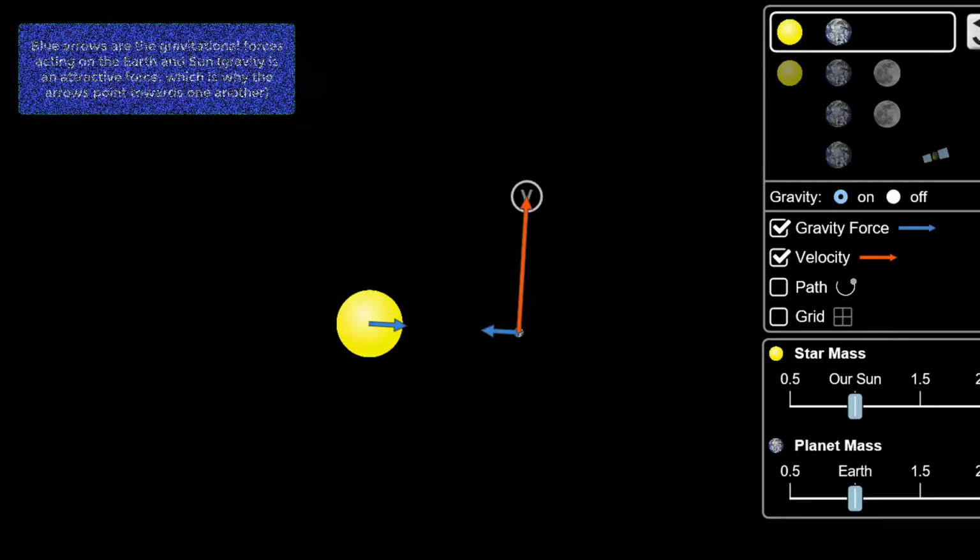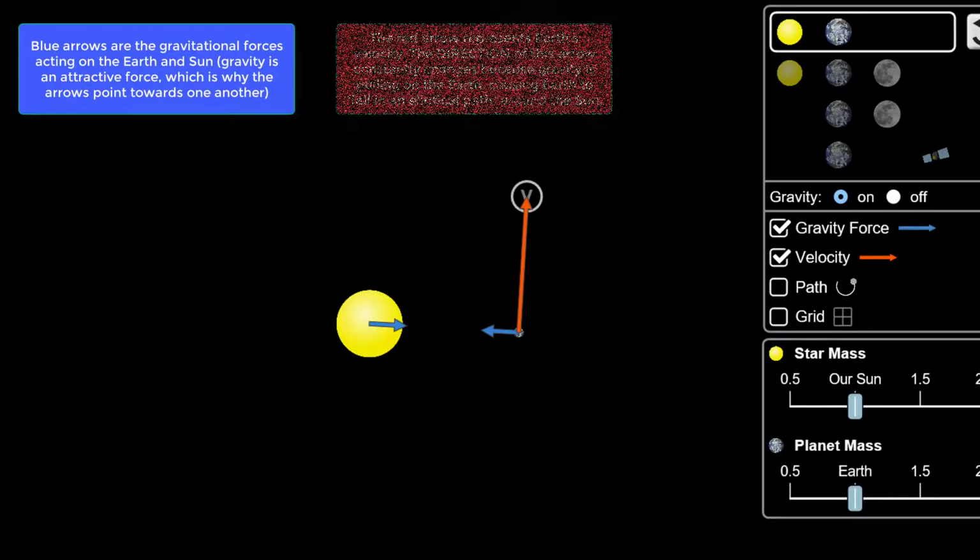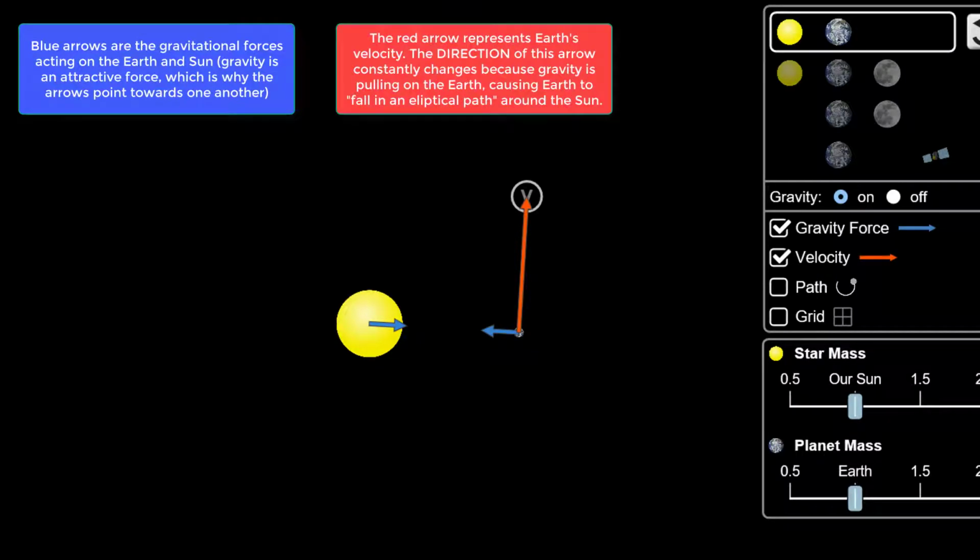Before I hit play, the blue arrows you see on the screen represent the gravitational forces that exist between the Earth and the Sun. The gravitational force is always attractive, and that's why the two arrows are pointing at one another. The red arrow you see on the screen is Earth's velocity as it moves around the Sun. Now with the gravitational forces operating, Earth will follow an elliptical path as it orbits the Sun.